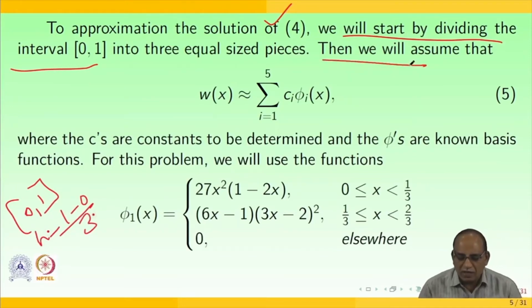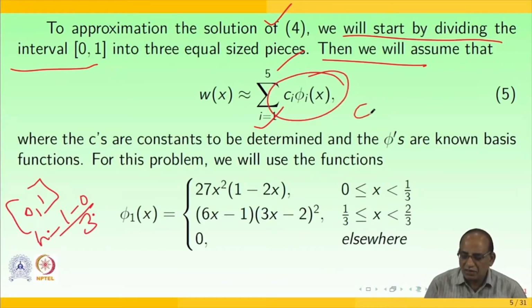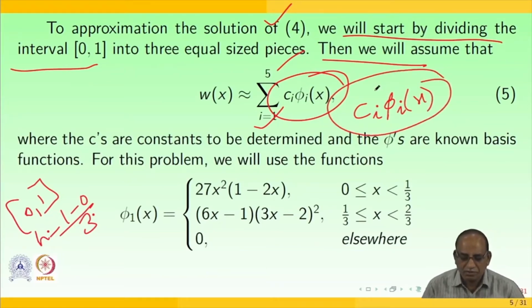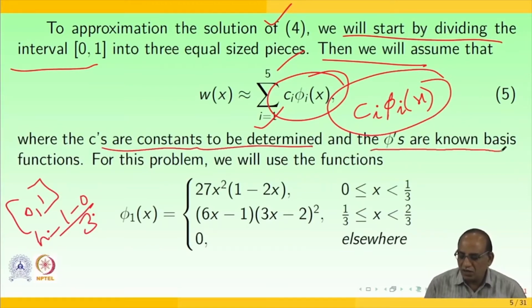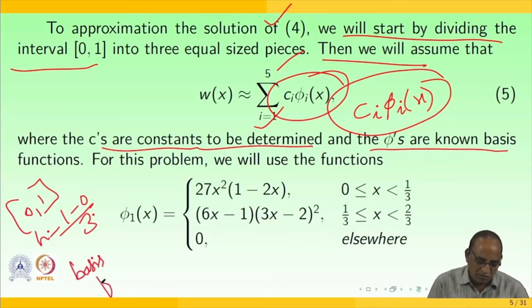Then we will assume that W of x is approximately the sum from i equal to 1 to 5 of Ci times phi i of x, where the Ci's are constants to be determined and the phi's are known as basis functions.